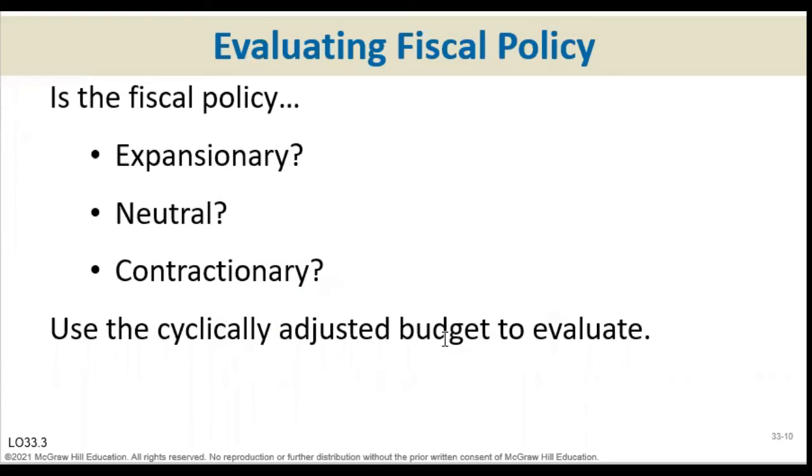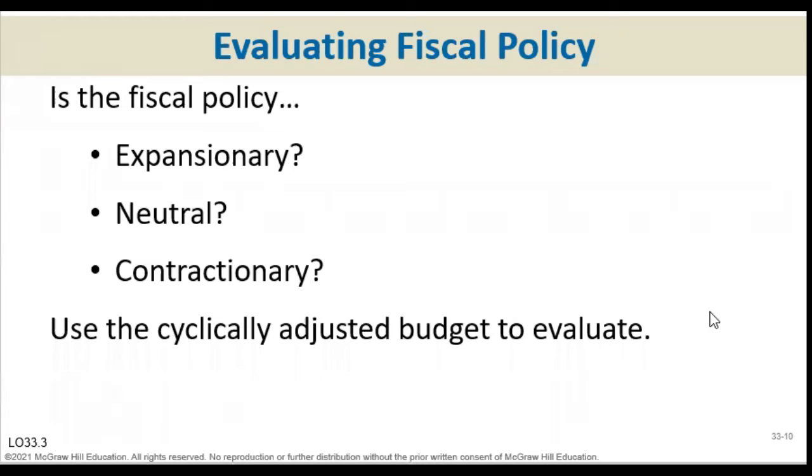Another name for the cyclically adjusted budget is the full employment budget. And this full employment budget assesses what the federal budget deficit or surplus would be with existing taxes and government spending if the economy were at full employment.